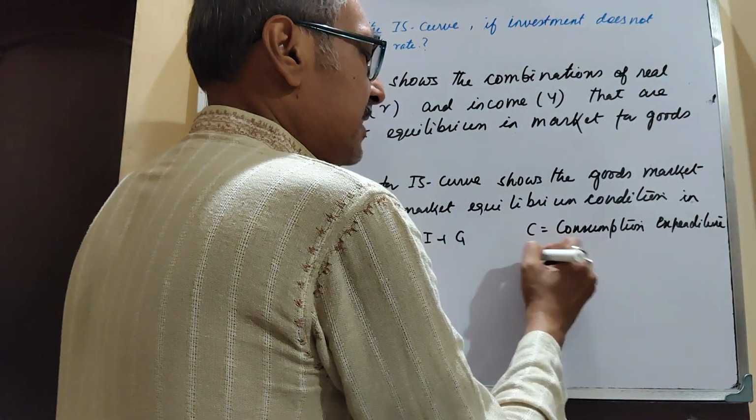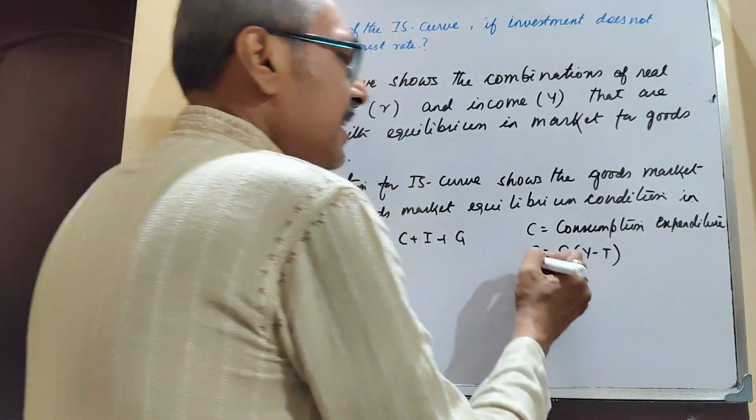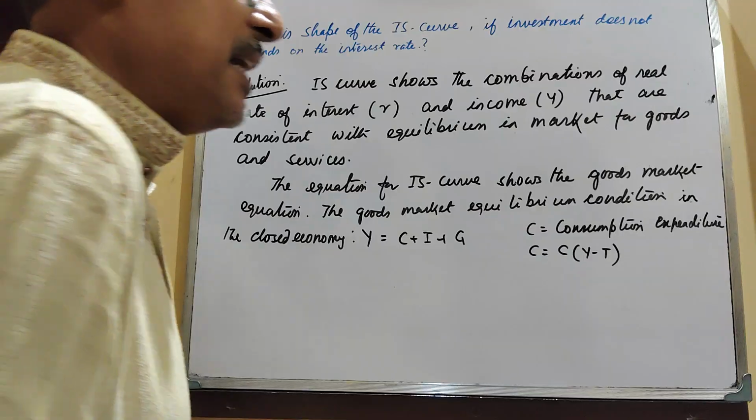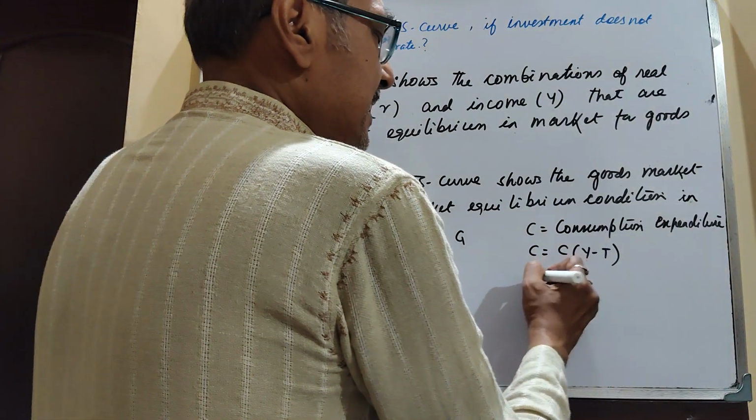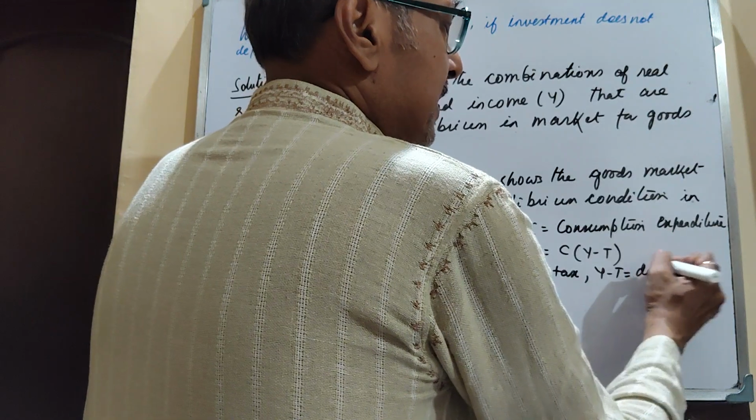C is consumption expenditure. The function is C equals C of Y minus T. C depends on Y minus T. What is T? T is tax. Y minus T is disposable income.